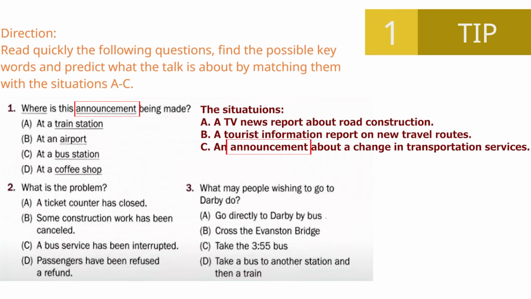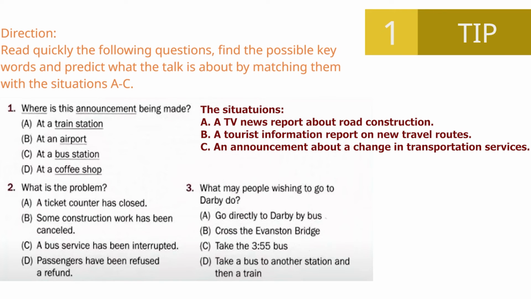And also look at the words in options A, B, and C: train station, airport, and bus station all show transportation. That's why the situation for the first question is C.